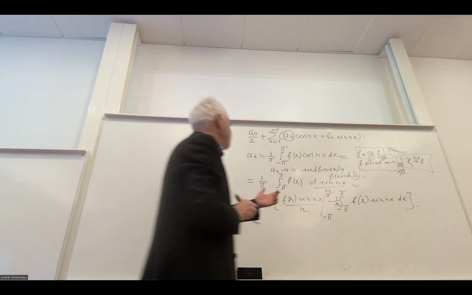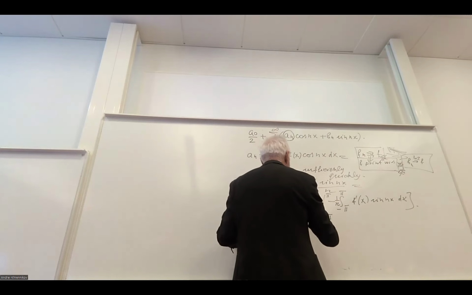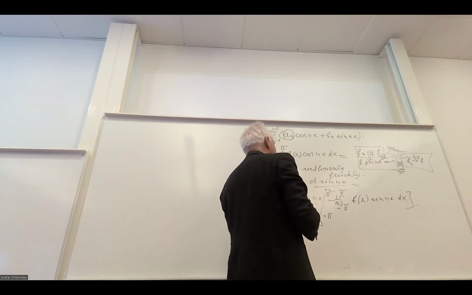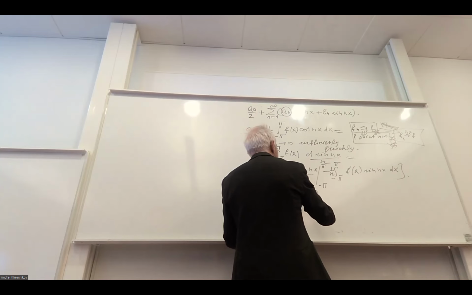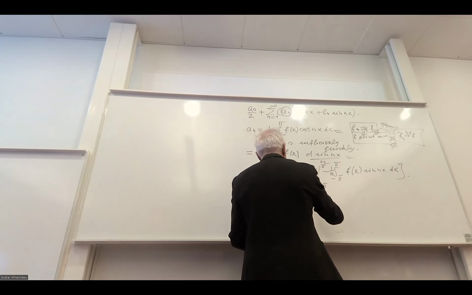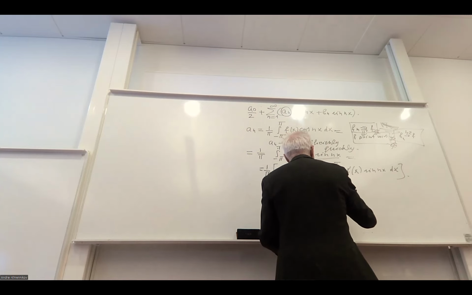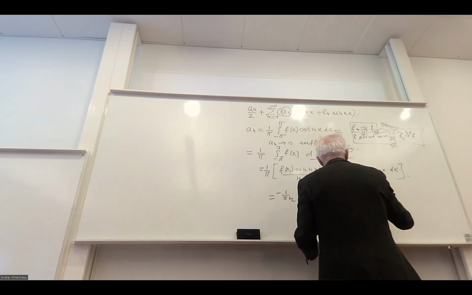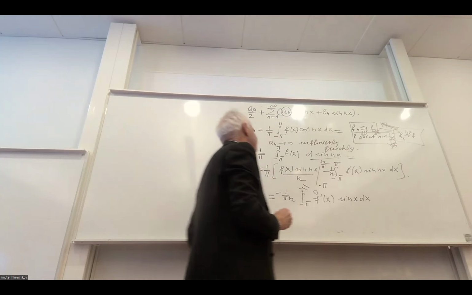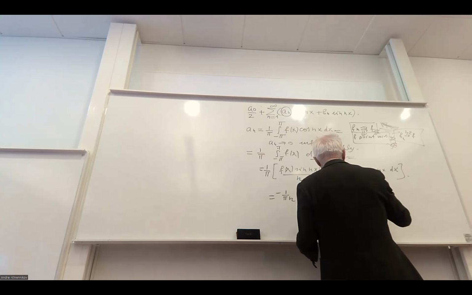Because of this sine, this term disappears, is equal to 0. And our first step produced for us 1 over pi n, integral from minus pi to pi of f'(x) sin(nx) dx. I hope that we approach what I wanted.